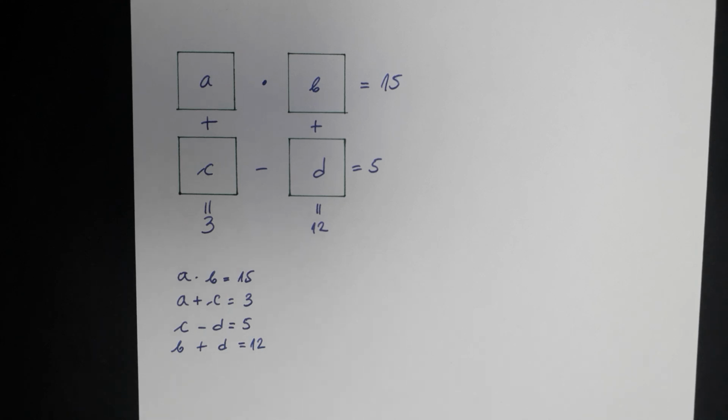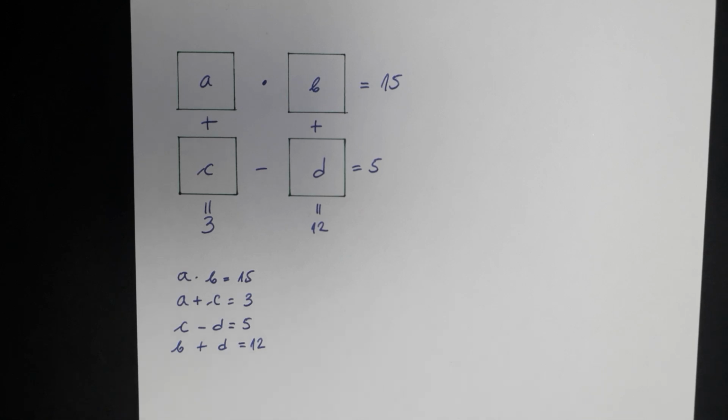Then in the third equation, we have C and D. And what we can observe is that C is only a part of the second and third equation. Finally, D is only a part of the third and the fourth equation. It looks like we can simply solve this system of equations by inserting some equations into other equations. So let's finally start with that plan.